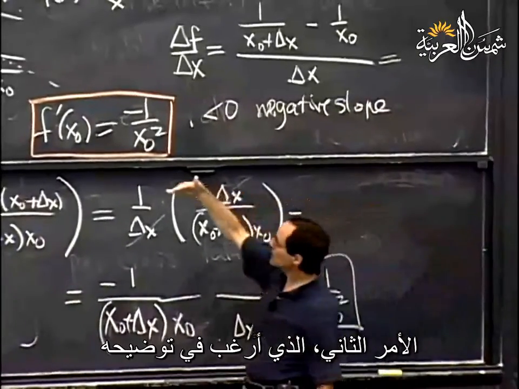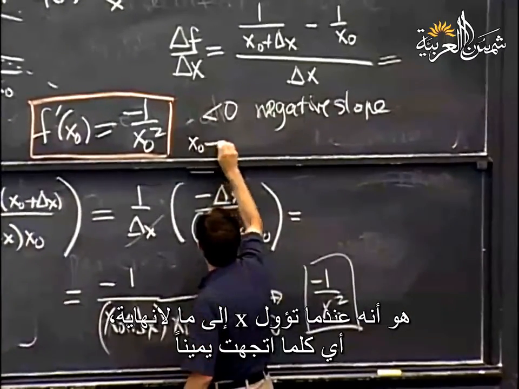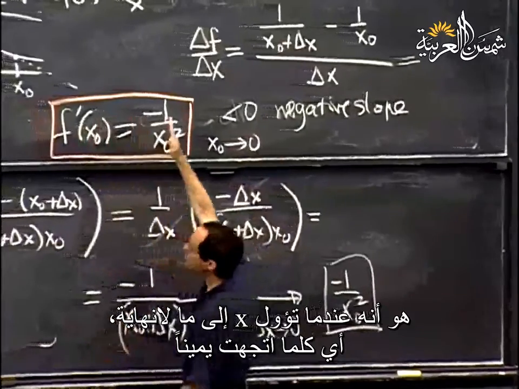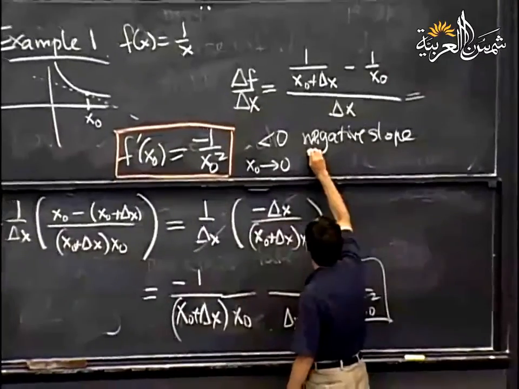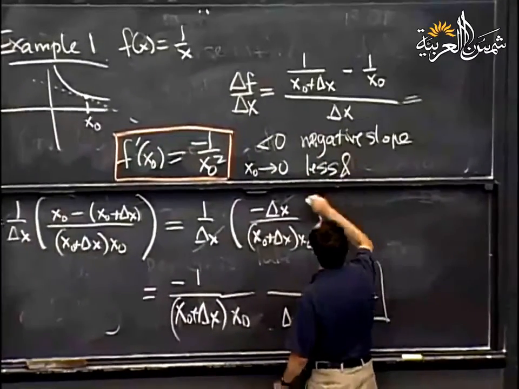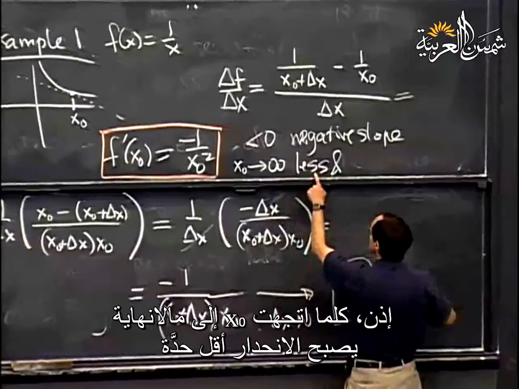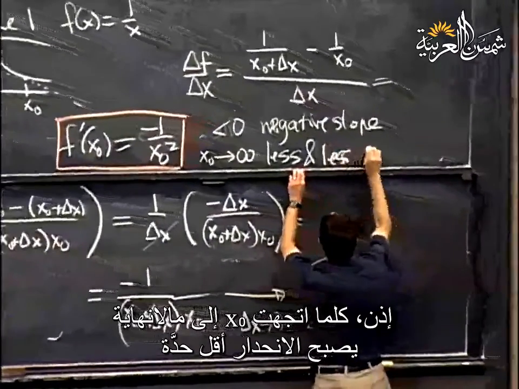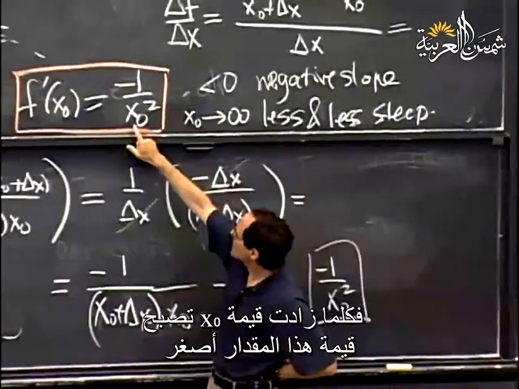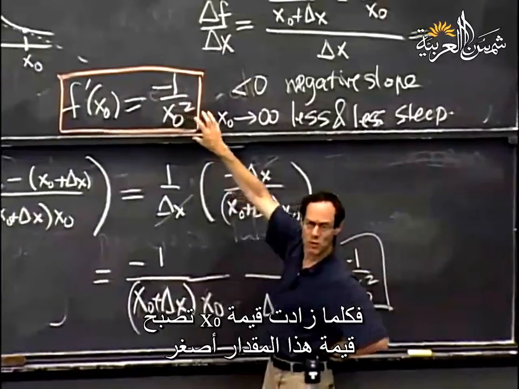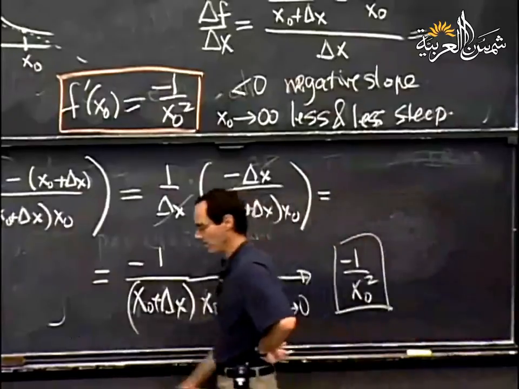And the second thing that I would just like to point out is that as x0 goes to infinity, that is, as we go farther to the right, it gets less and less steep. So that's also consistent here. When x0 is very large, this is a smaller and smaller number in magnitude, although it's always negative. It's always sloping down.